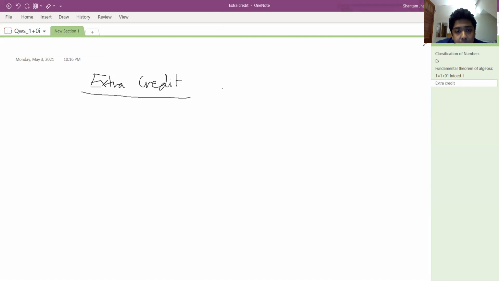So let me take the square root of a complex number called i. If I can show that this quantity, square root of i, is an element of the set C, then I've verified the fundamental theorem of algebra.